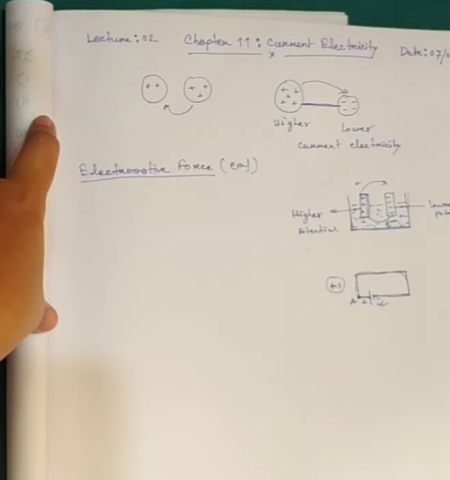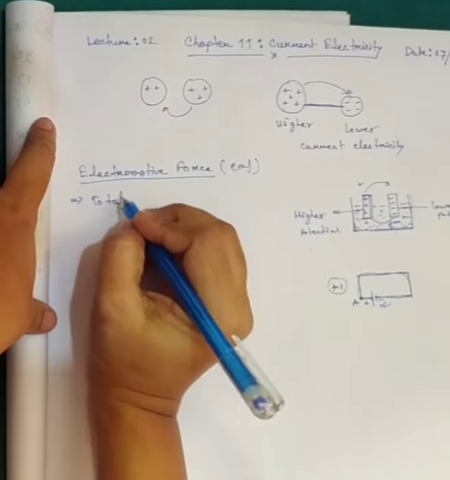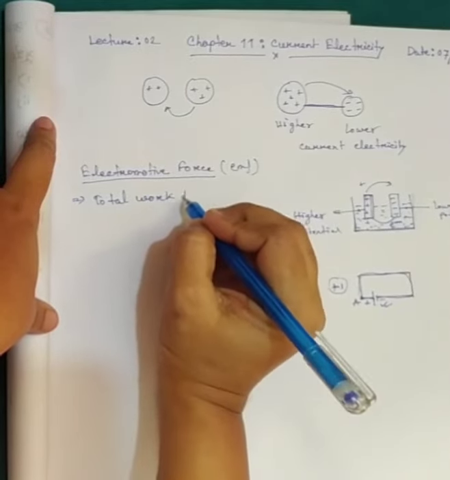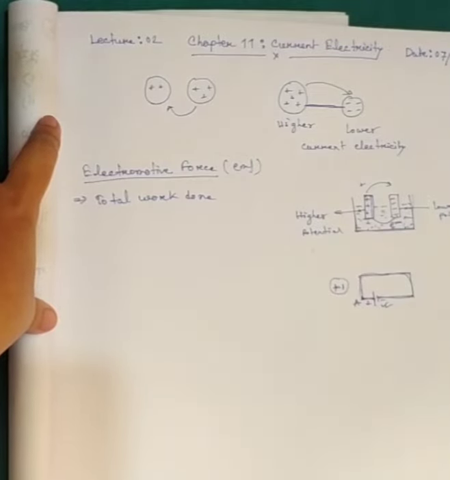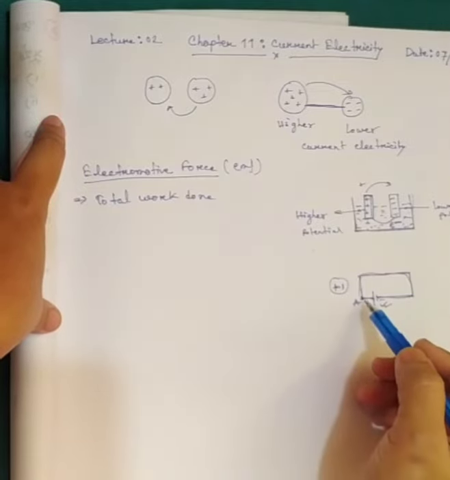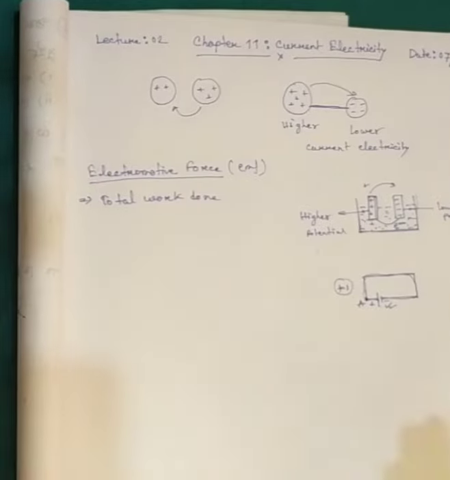Now if I want to explain it in English, what is electromotive force? The electromotive force is the total work done in driving a positive unit charge from one point of the circuit to the same point, by traversing the complete circuit along with the source or battery.